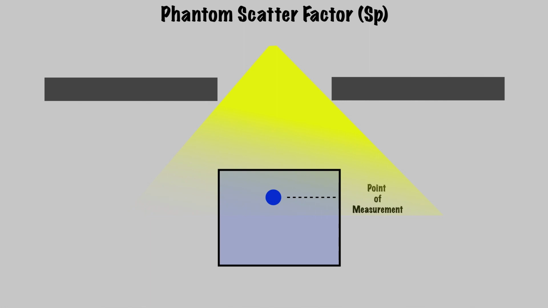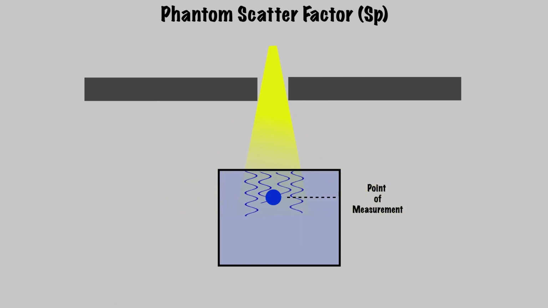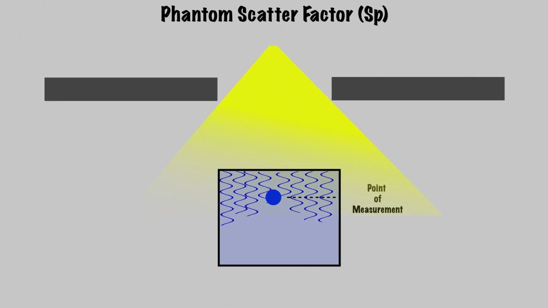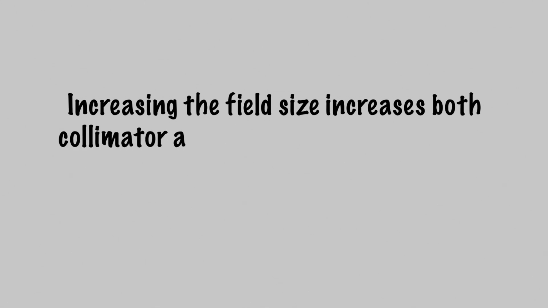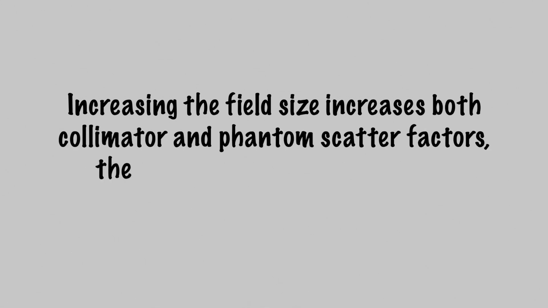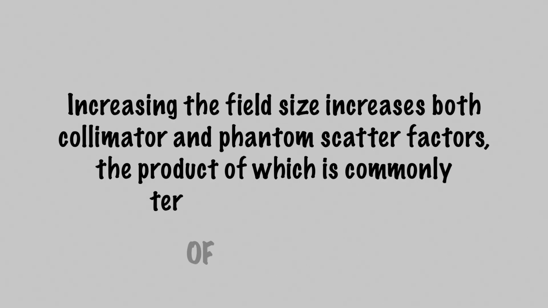Phantom scatter, or S sub P, refers to the photons that scatter to the calculation point after interacting with patient tissue. The larger the region of the patient exposed to radiation, again, think field size, the greater volume for photons to scatter. Increasing field size increases both collimator and phantom scatter factors, the product of which is commonly termed output factor.